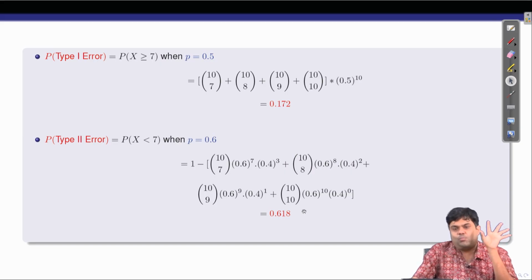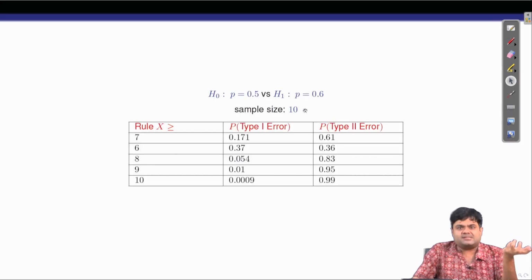Although the type 1 error is more serious, of course, you want to protect against type 1 error, but you want the type 2 error also to be very little. And in this inference model one may say even 0.17 is fairly big for type 1 error. So, you have to design a different test or do something else.